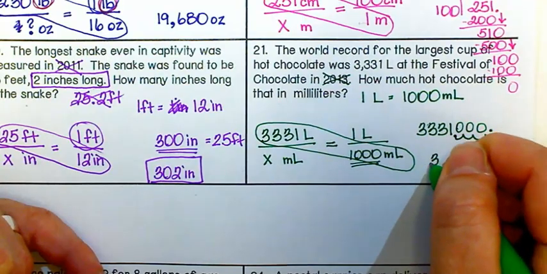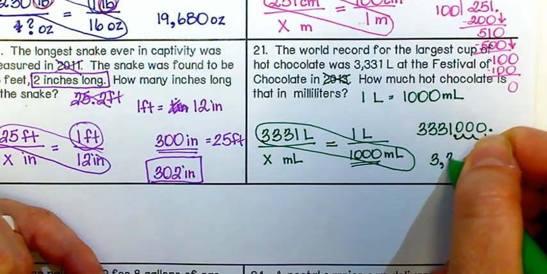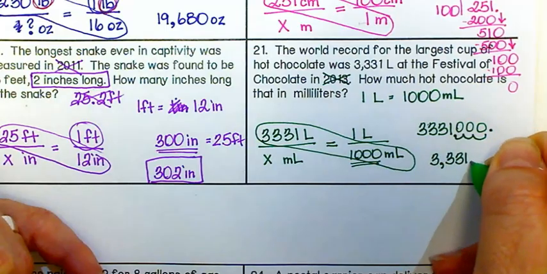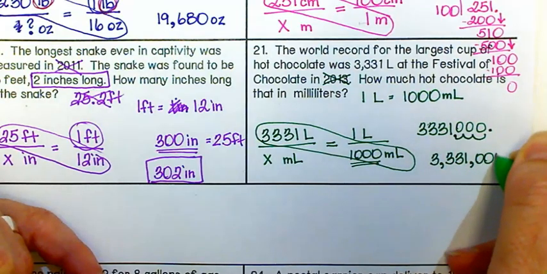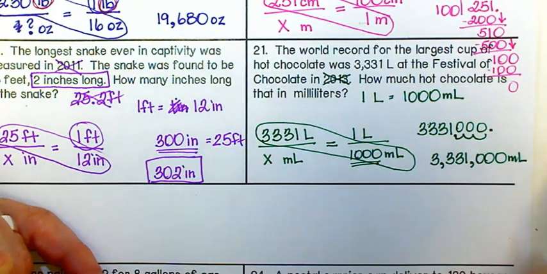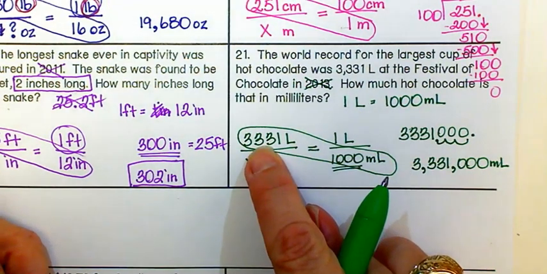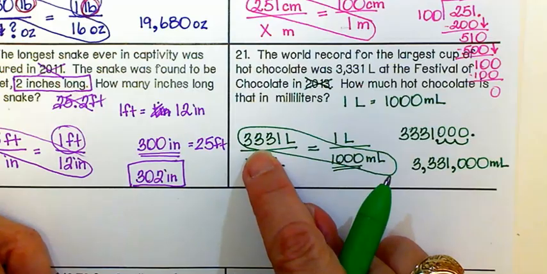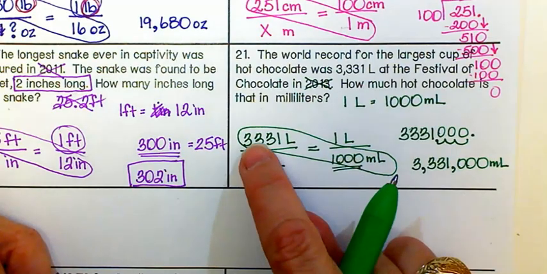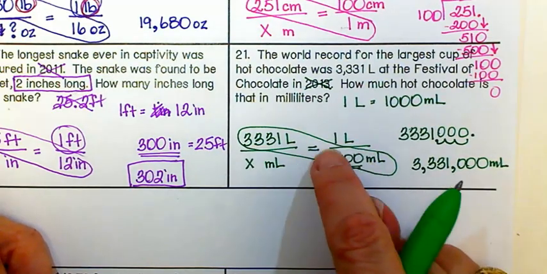So really, that's 3,331,000 milliliters. And it should be big because in each one of these 3,000 plus liters, there's 1,000 milliliters. So you have to say this times this and divide, of course, by the 1.